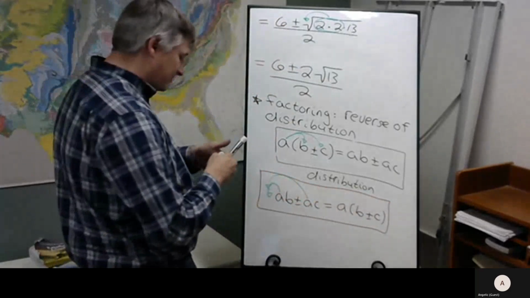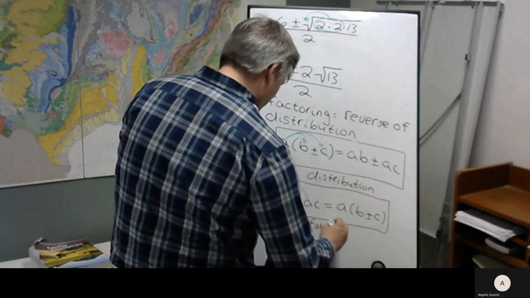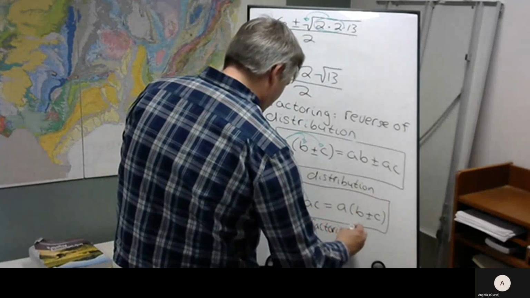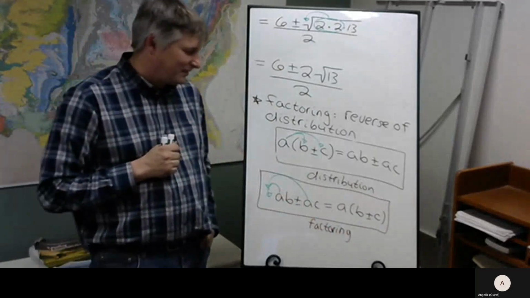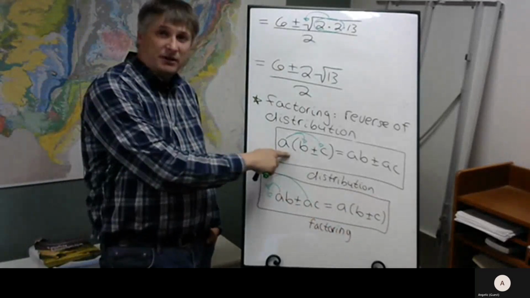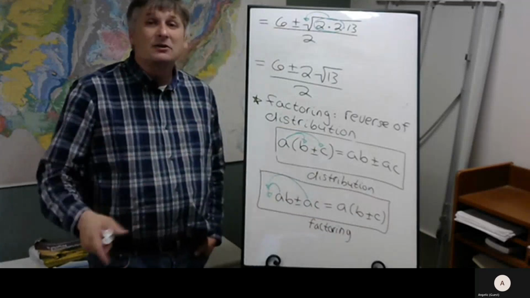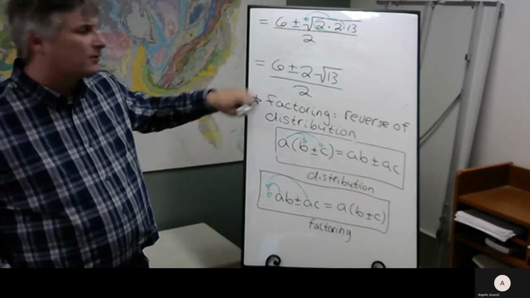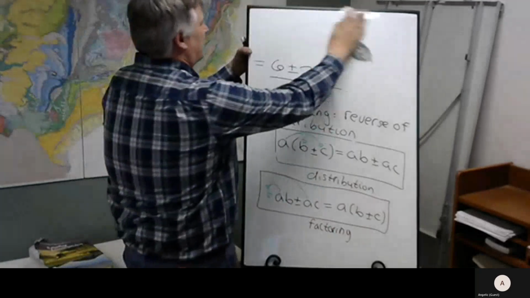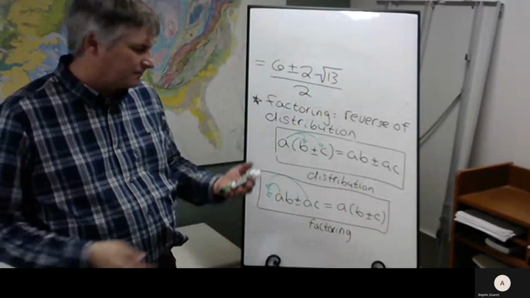And this is called factoring. So we have distribution here. In factoring, we're just going to undo that distribution. So how is it helping us with this problem? Well, it doesn't hurt to look for something you can factor out.